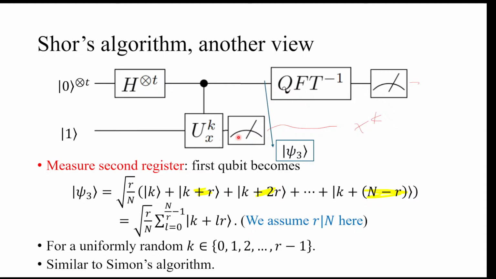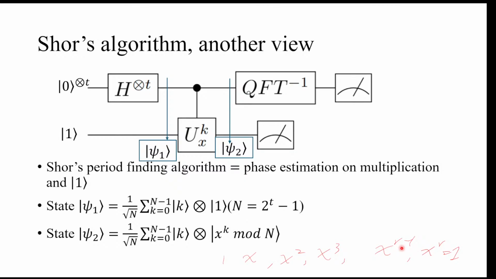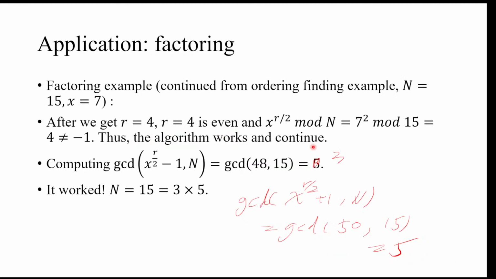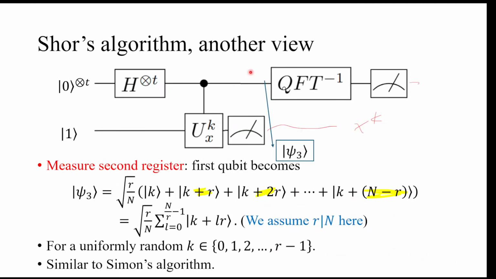Because this register doesn't affect the output, you can just measure it, and if you measure it, you will get one of those powers of x. So you get x to the k as the second register. This k is something from 0 to r minus 1, about uniformly random.